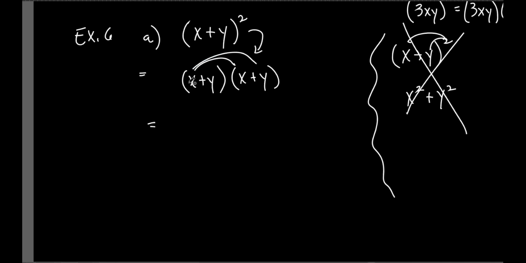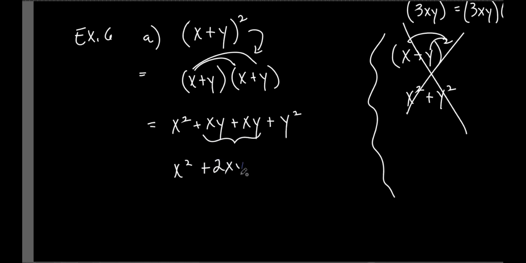So let's FOIL this thing. x times x is x squared. Outside, what's it going to be? xy. Inside, what's it going to be? xy. Plus, last is y squared. Add up like terms. Do we have any like terms? Yep, these two in the middle are like terms. So it's x squared plus what? 2xy plus y squared.